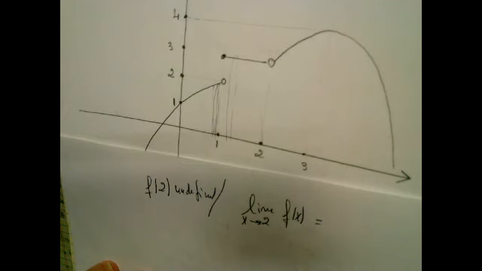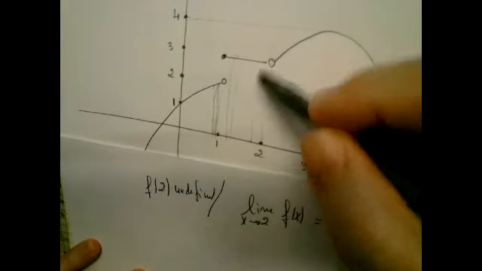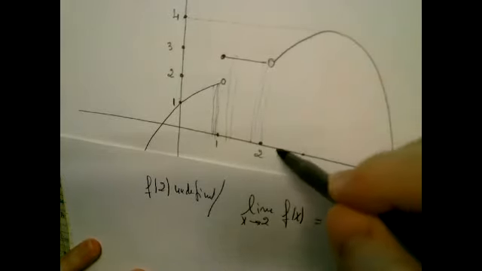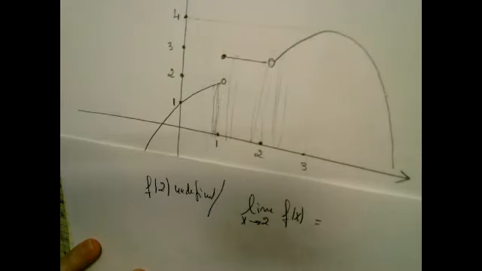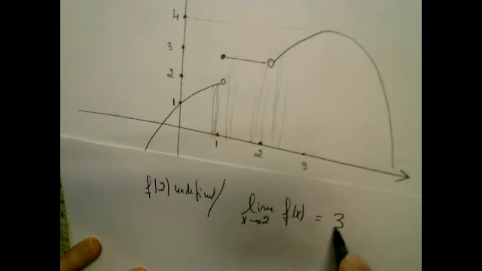Three, do you agree? Everybody? Yeah, because the limit from the left is 3. The limit from the right is 3. The limit from the left and the limit from the right agree with each other. It means they are equal. It means the limit is actually equal to 3.